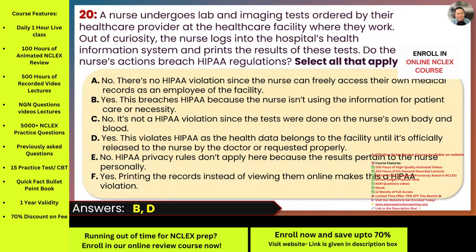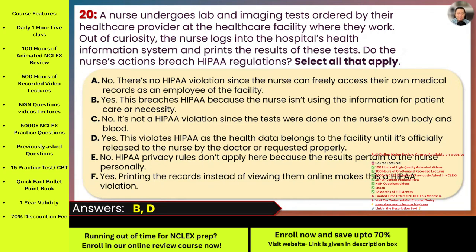Let's take a look into letter A. Well, being an employee doesn't mean you can bypass standard procedure, and the system is for authorized use only, and personal curiosity is not a valid reason to access any record, including your own.